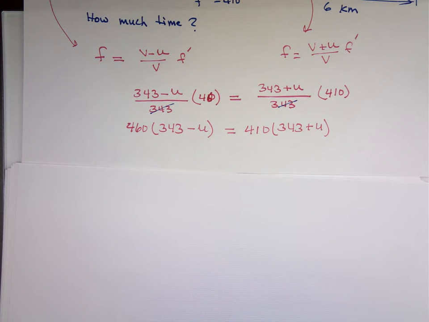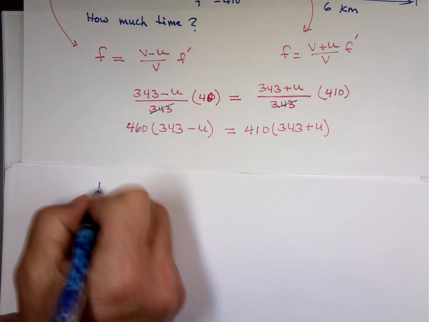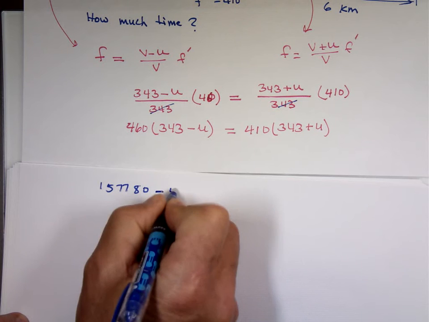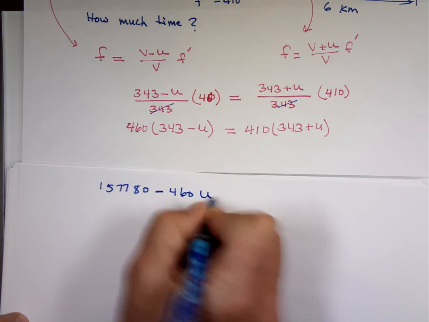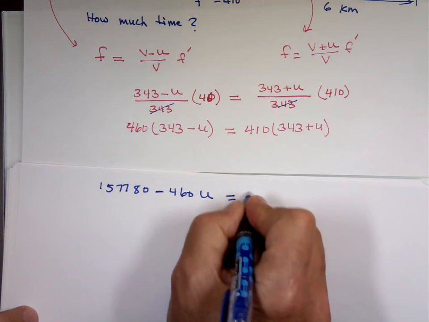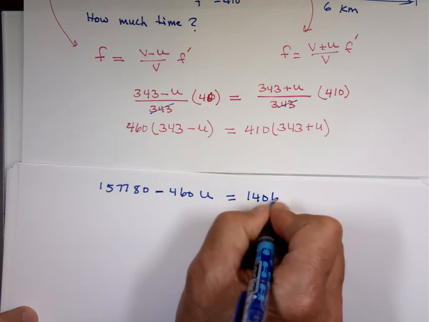So 460 times 343 is 157,780 minus 460 times U equals 410 times 343, which is 140,630 plus 410U.